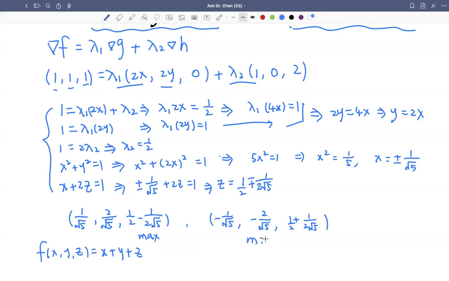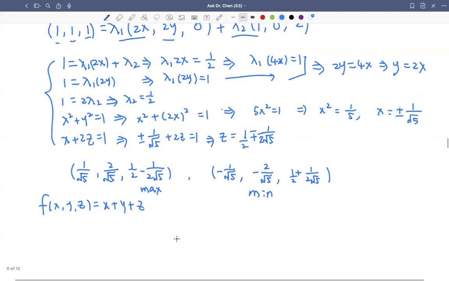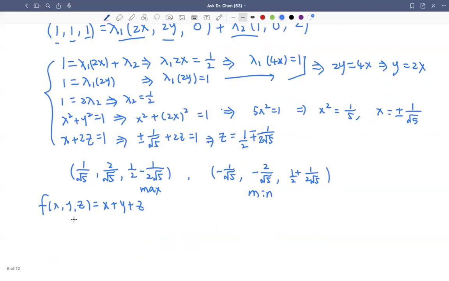So the other one will give us the minimum. We just evaluate f at these x, y, z values by adding those 3. Let's find the value of it.